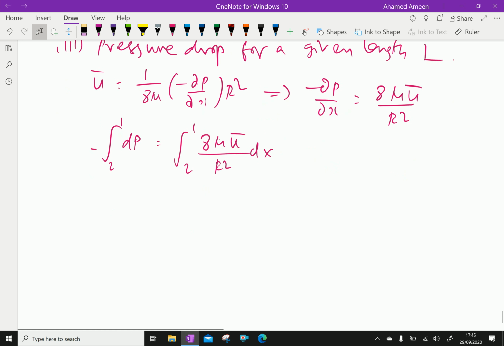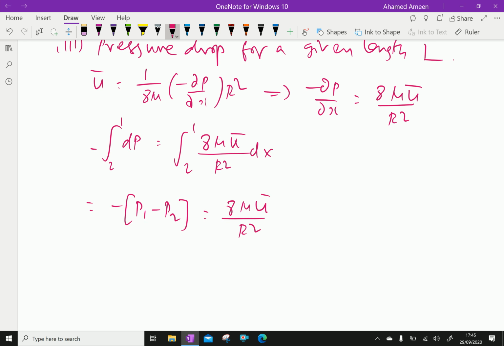So we have minus (p1 minus p2), the pressure drop between sections 1 and 2, is equal to 8 mu u bar over R squared (x1 minus x2), by integrating the right side.